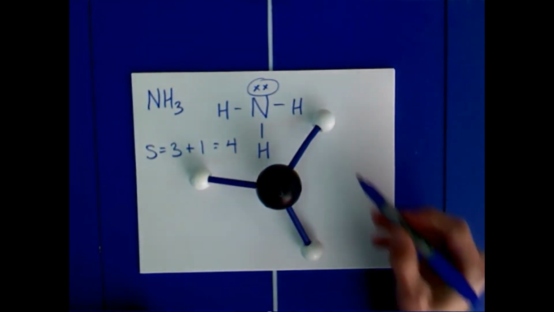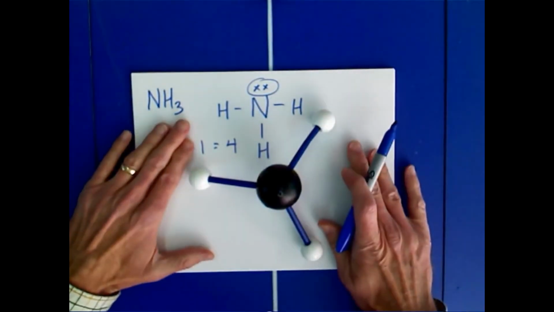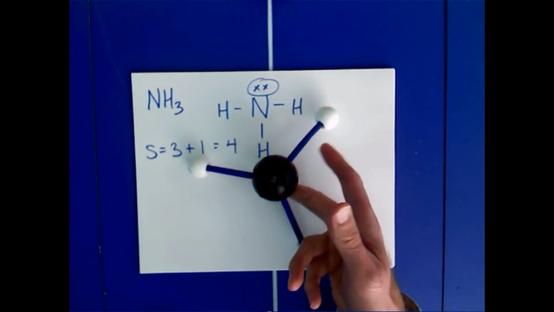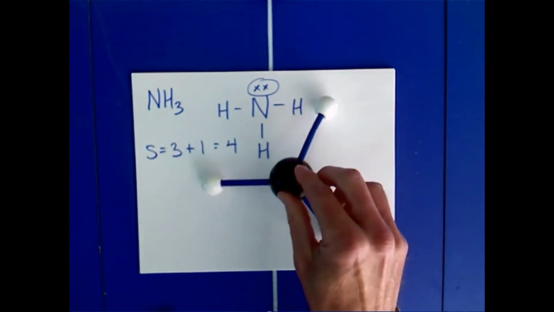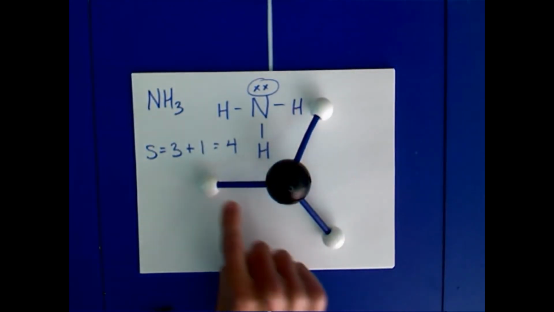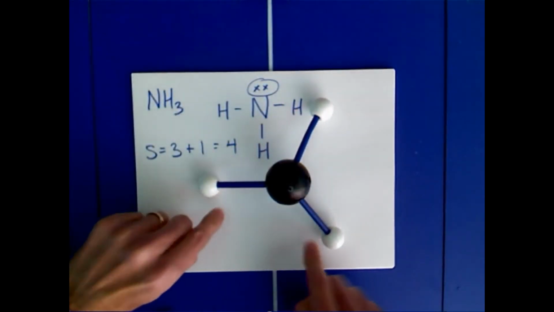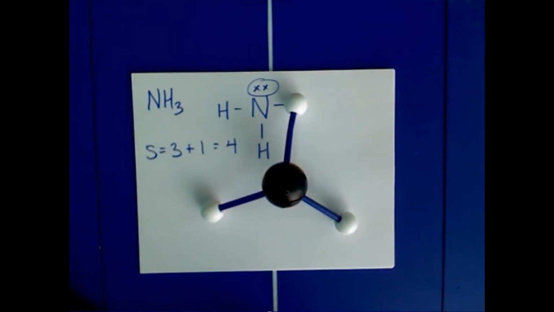And what we see here is there are 3 hydrogen atoms that all rest nice and easy here in the plane of the paper, but the nitrogen atom sits up above the plane of the paper. It's like a little pyramid with a triangular base.